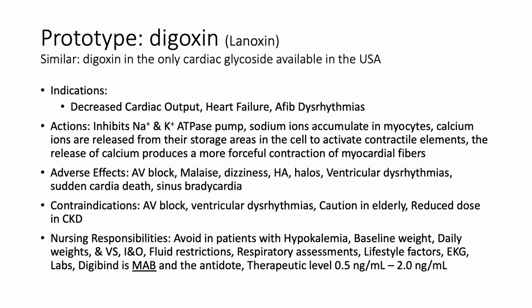So we can use it for fast arrhythmias. And a common one where it's used often is atrial fibrillation. We can use digoxin on a daily basis to stop someone's atrial fibrillation from going too fast because it slows the rate down. We have other drugs to do that, but sometimes we will use digoxin.